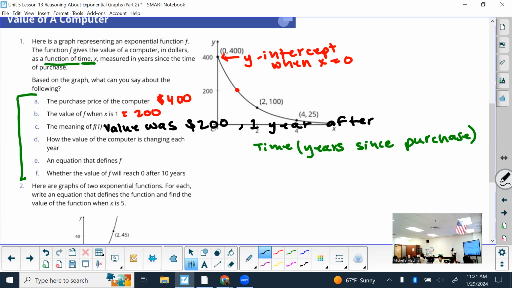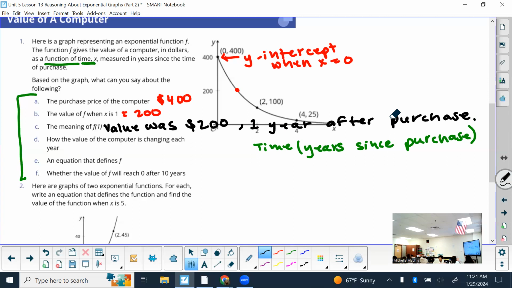You have to talk about both parts, because f of 1 is 200, so you have to talk about the 200 and the 1. What does each represent? If you get confused, 1 is the x, x is for time, years since purchase. 200 is the y, which would be our value. So talk about both when we interpret.